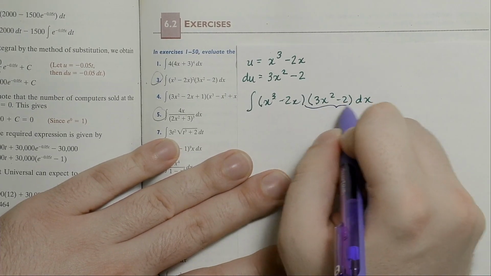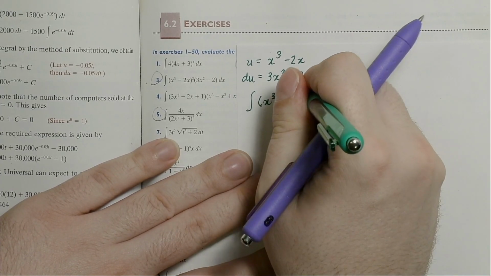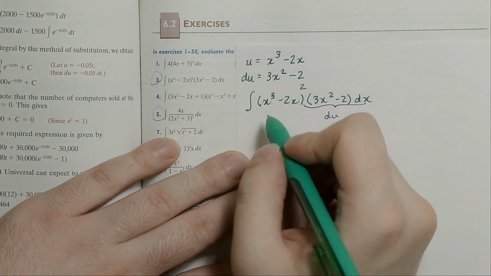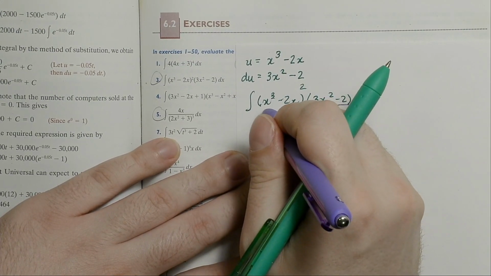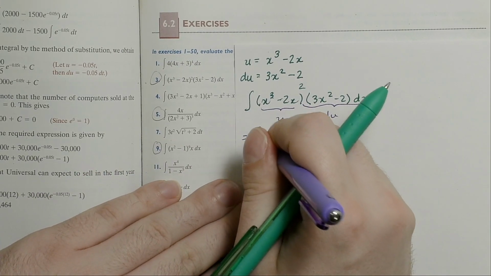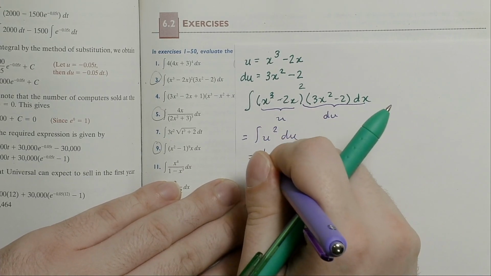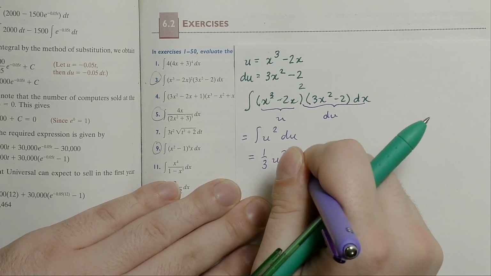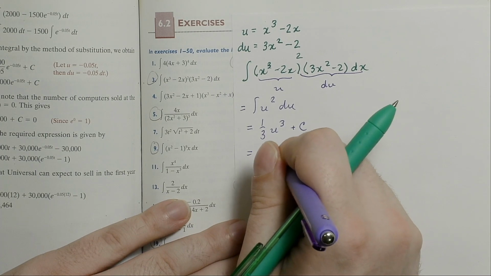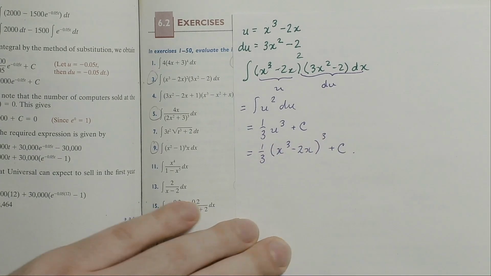Right there is my du. And I've got the squared here, and inside there is my u. So I have u squared du. And we can integrate that, replace our variable, and you're done.